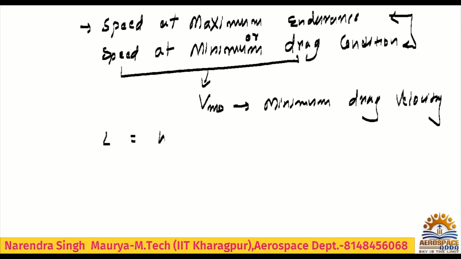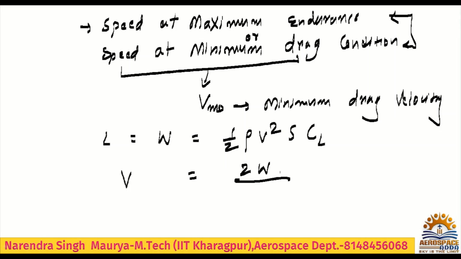L is equal to W is equal to half rho V square S into CL. Now you can write V is equal to 2W divided by rho S into CL, because weight, or wing loading, is given for this particular problem.